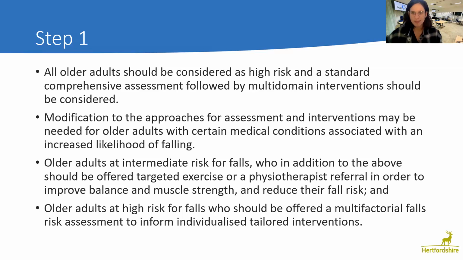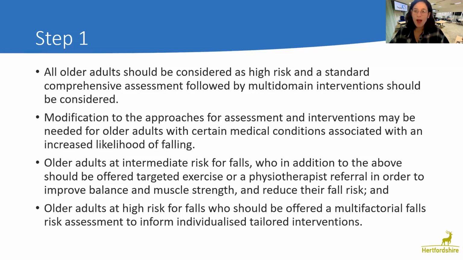Intermediate risk of falls means somebody who has impaired gait and balance. So you've assessed for that, and they have fallen in the last year. And we know education, again, should be part of this, but we're going to have specific interventions in there. And then high risk is somebody who has had 2 or more falls in the last year, risk of frailty, potentially had a really bad injury with one of those falls, and they couldn't get up from the floor.